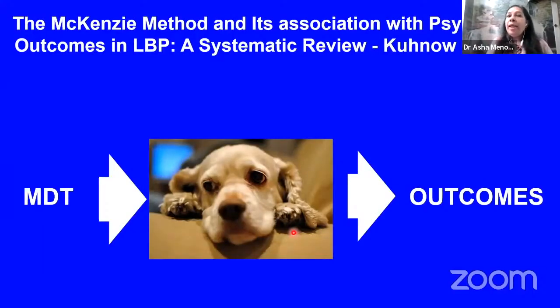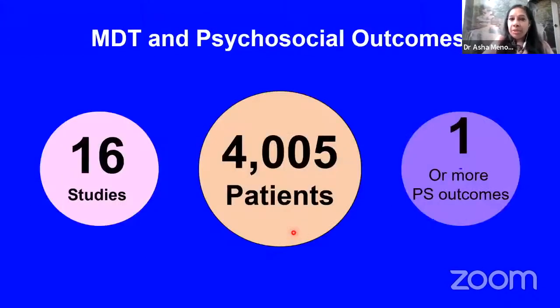Let's look now at 2019, the systematic review, where we are looking at MDT outcomes with psychosocial outcomes in low back pain patients. And this review had 16 studies, and it is a whopping 4,005 patients.